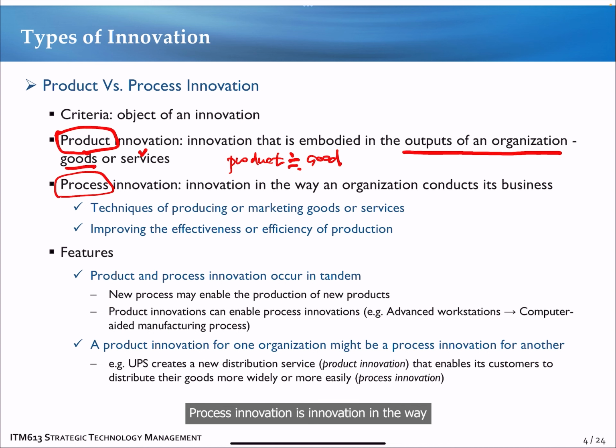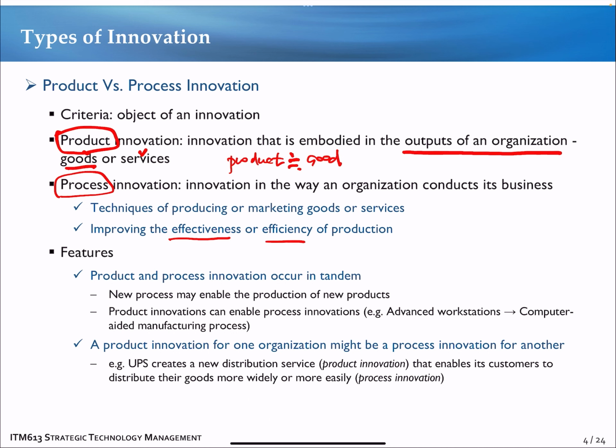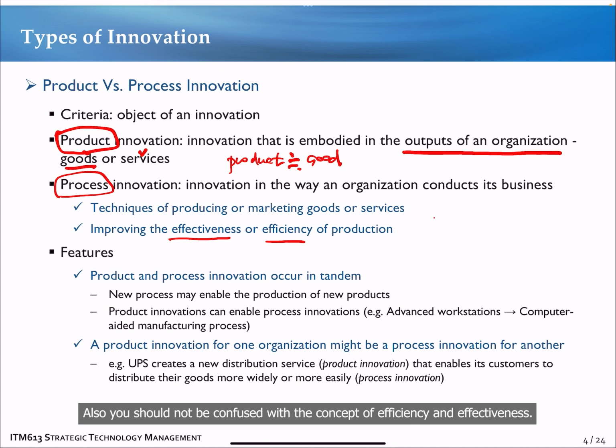Let us turn to process innovation. Process innovation is innovation in the way an organization conducts its business. Process innovations are often oriented toward improving the effectiveness or efficiency of production. Also, you should not be confused about the concepts of efficiency and effectiveness.